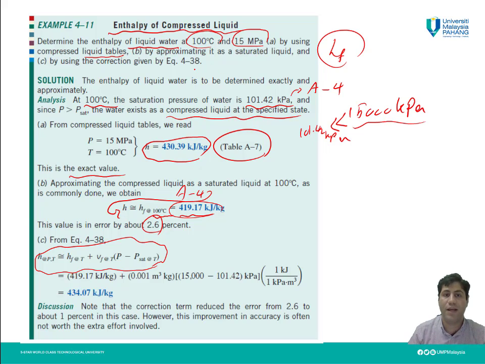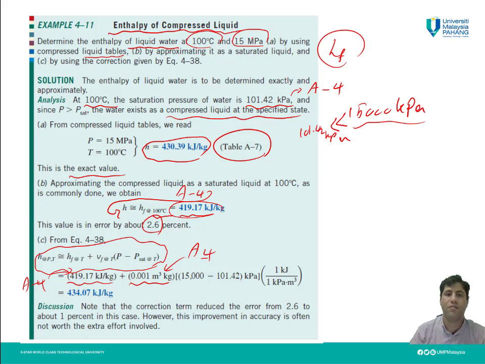And in the third method, we need to use this equation. In this equation, we need to find the enthalpy at this pressure and this temperature, 15 megapascal, 100 degrees Celsius. We need to use the saturated enthalpy at saturation pressure, and the specific volume from the table. Again, if you go to table A4, you can find these values, and P minus P saturated.